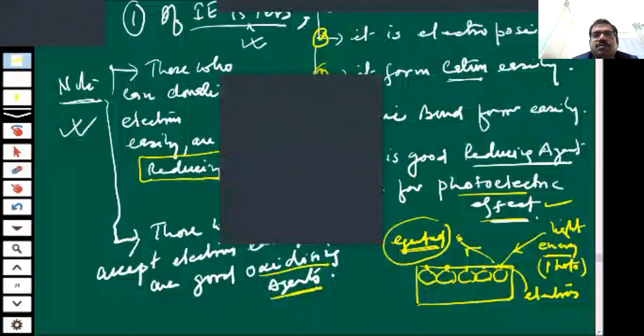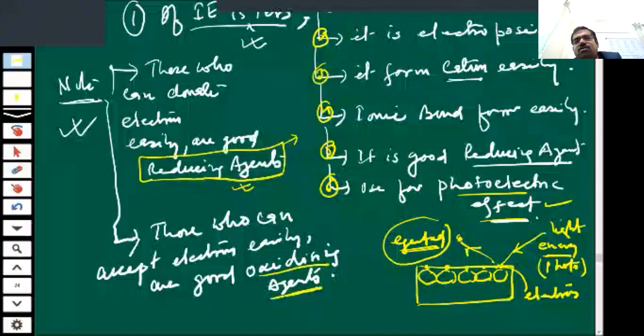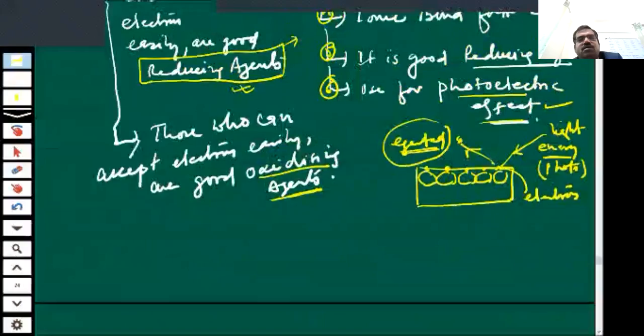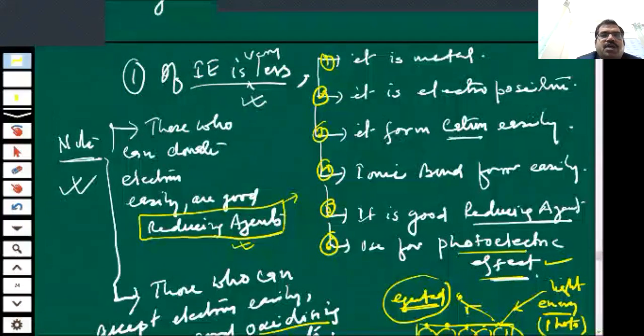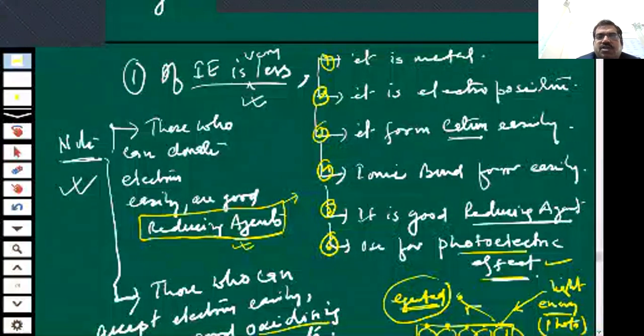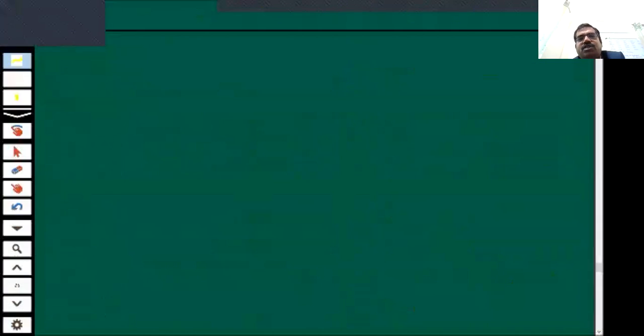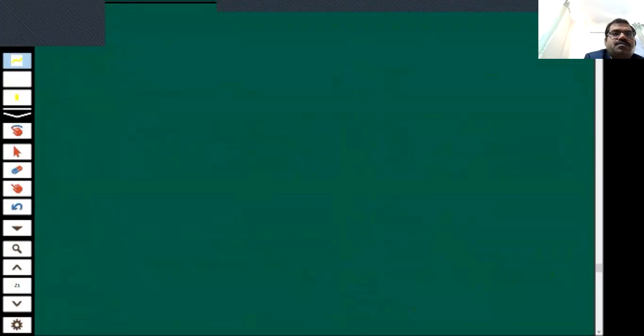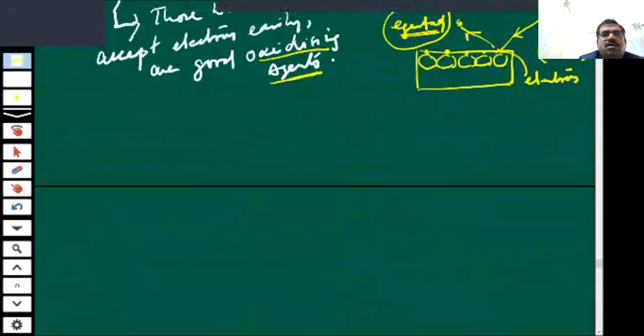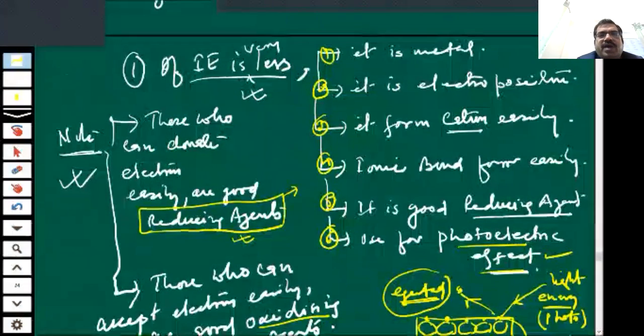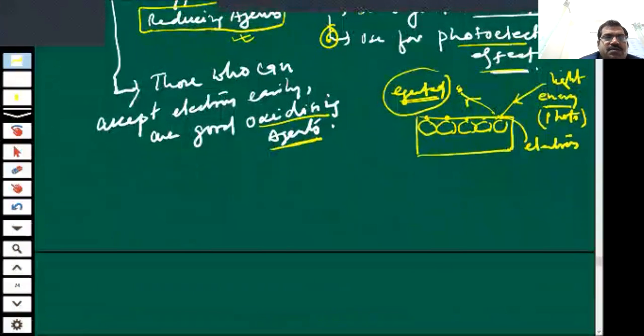Noted, yes. Now, children, this was the first point. If the ionization energy is very low, then so many things will happen. Next, you can manage this point like this.